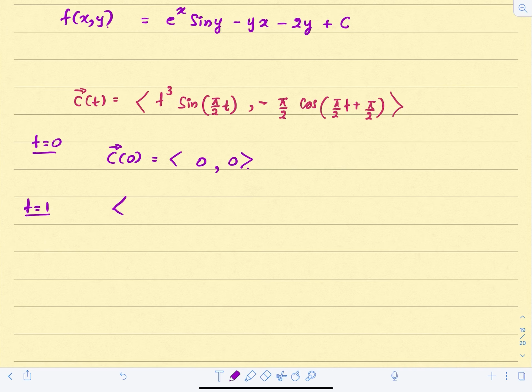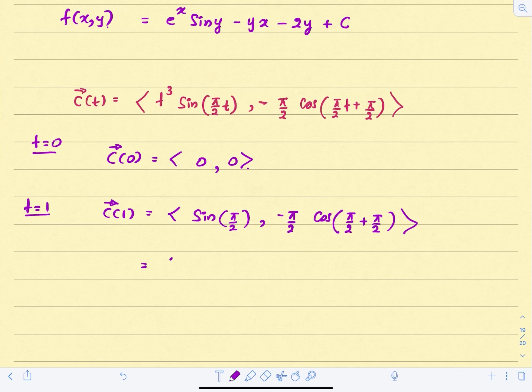So you get c of 1, which is 1 to the power 3, which is 1, times sine of pi over 2, so sine of pi over 2, comma, minus pi over 2 times cosine of pi over 2 plus pi over 2. Sine pi over 2 is 1.